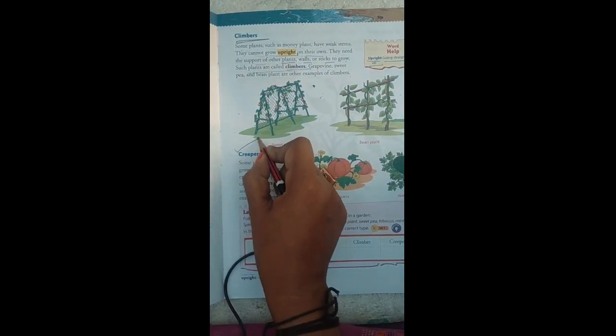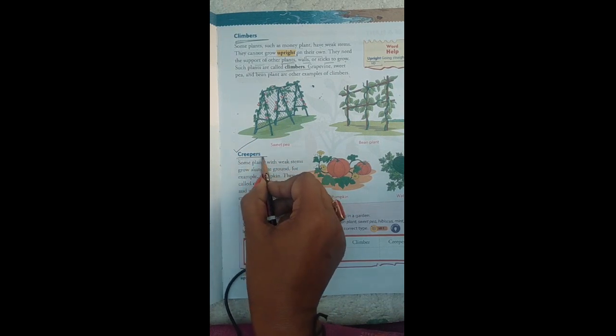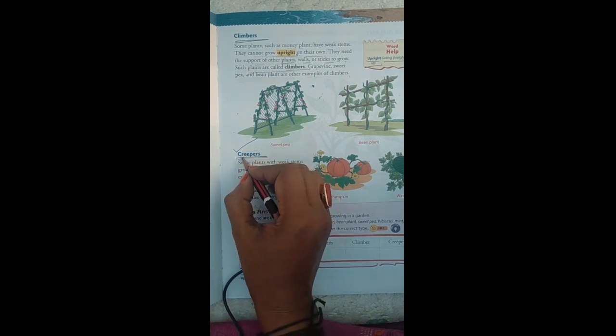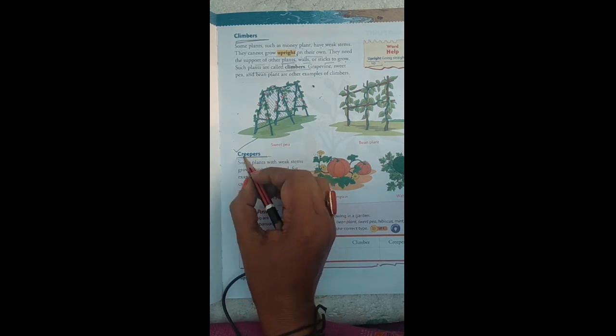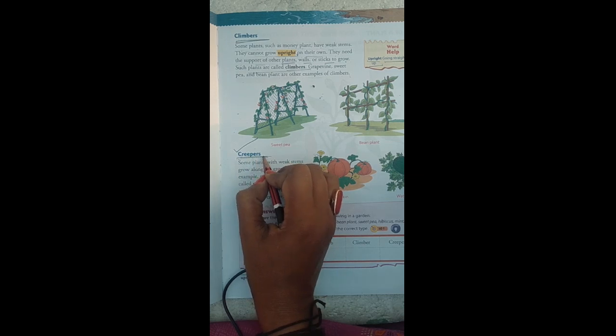Coming to the next type of plant, that is creepers. Say with me, creepers.